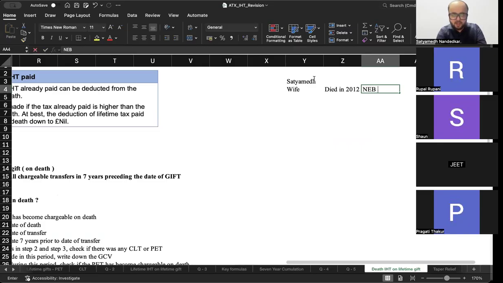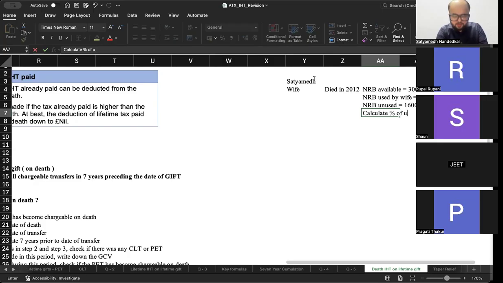At that time, NRB available was 3 lakh. NRB used by wife was 1,40,000. So NRB unused is 1,60,000.